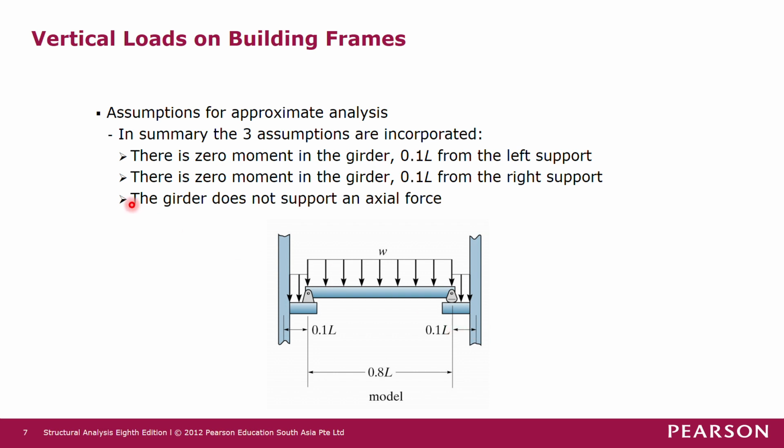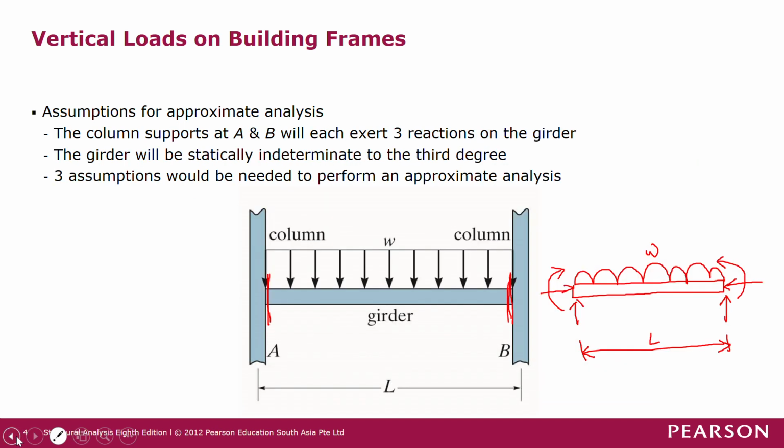And then thirdly, the third assumption is that the girder does not support an axial force. So if the girder does not support axial force, then the horizontal reactions must be zero. So there is no horizontal reaction.